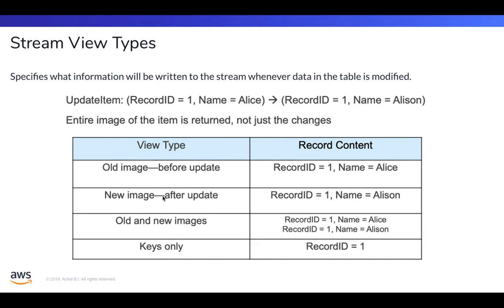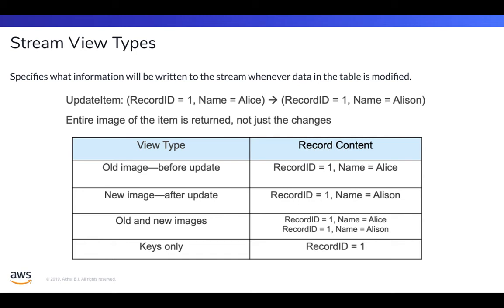If you want, you could set a view type to be old image or new image, or if you want both old and new image. Images are basically items which are part of the stream.